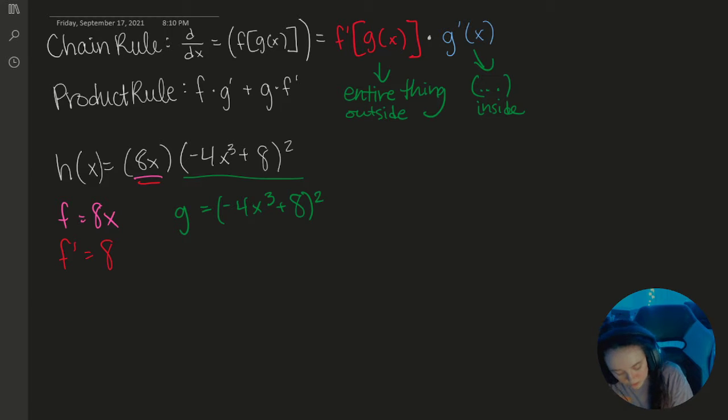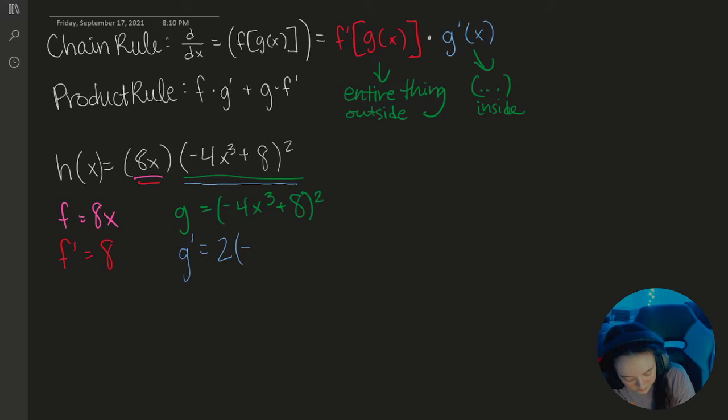And where we use our chain rule is for G prime. It's right here. Our G prime is going to be just like we did in chain rule, except we're only using this information right here. So it's the derivative of the whole thing. Our 2 comes out front.